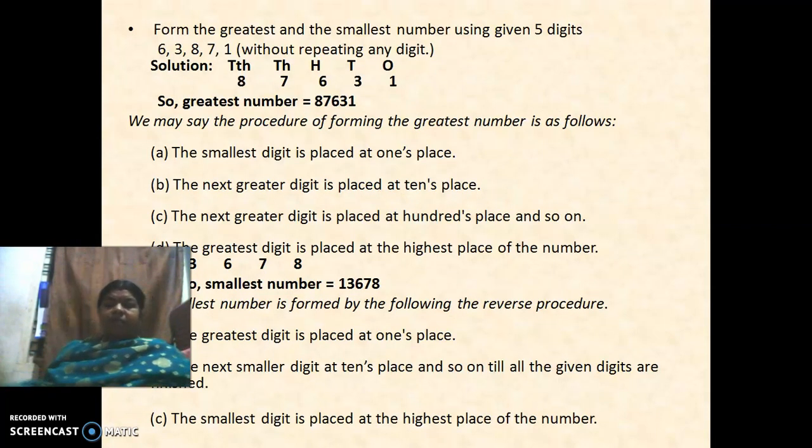If some numbers are given for you to find the greatest and the smallest number, how do you find them? Let me say the rule. For example, 5 numbers are given: 6, 3, 8, 7, 1. First of all, you have to arrange the given numbers in descending order, that is, highest to smallest.